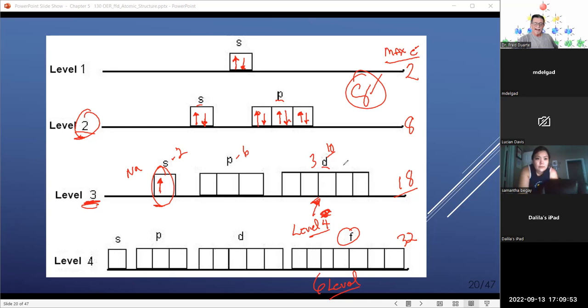We won't do a lot with the D's. We're going to do a lot with the S's and the P's, and probably not go as far as the 3rd level.